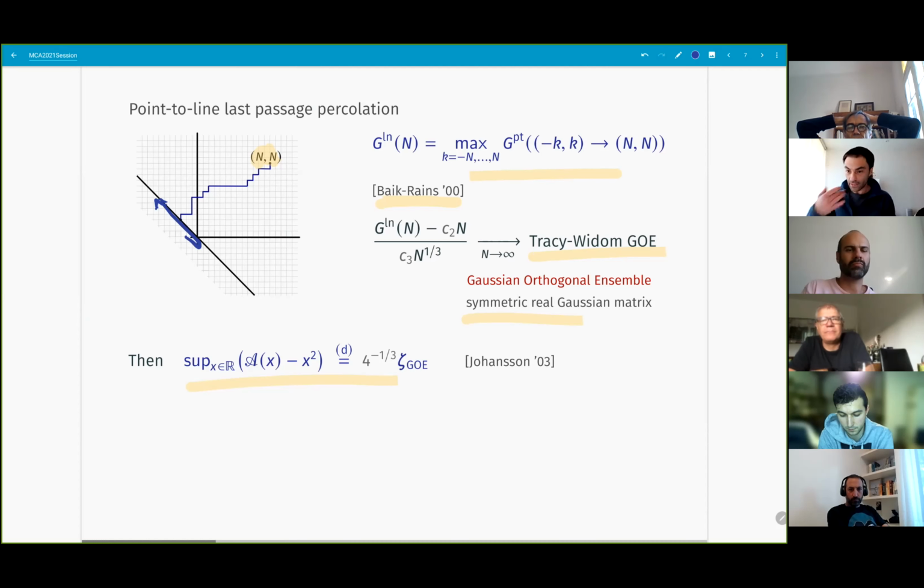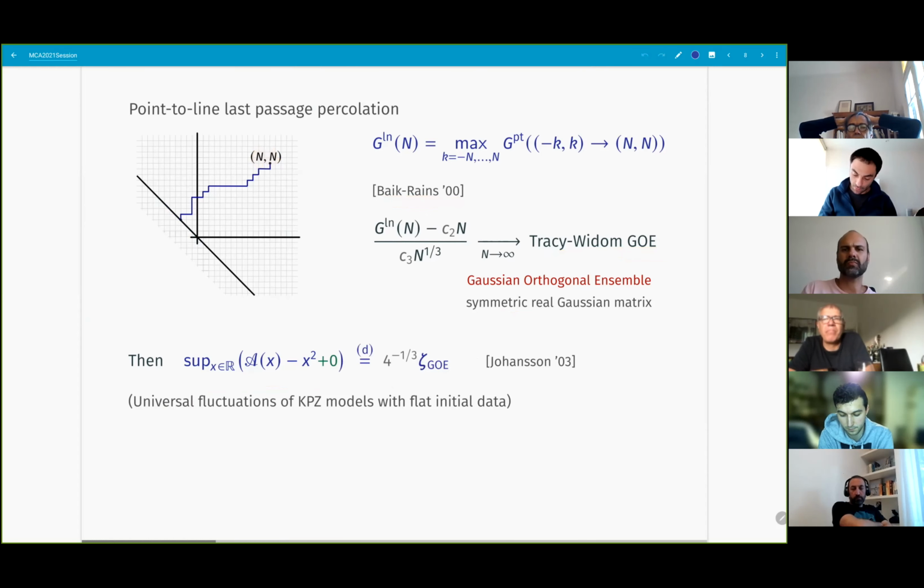So there's this variational formula relating the Airy2 process with the Tracy-Widom GOE distribution, which is nice because this one has Tracy-Widom GUE marginals, but when you compute the sup in this way, you get the Tracy-Widom GOE distribution. This really shows you that this GOE distribution arises as the universal fluctuations of KPZ models with flat initial data.